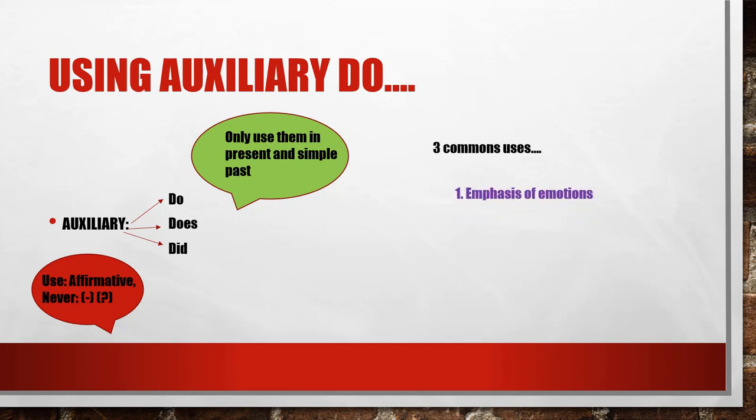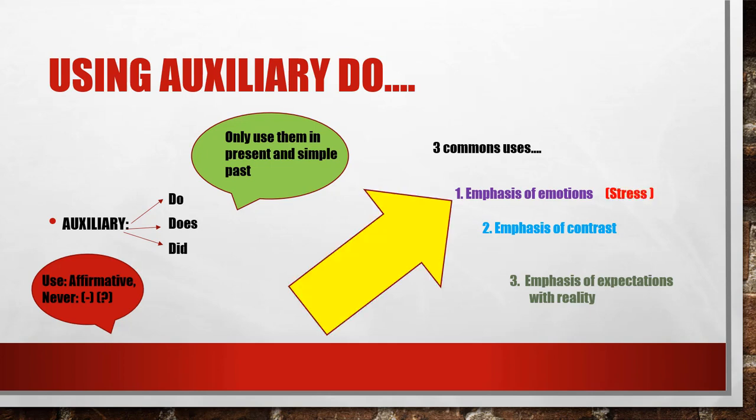The three common uses are emphasis of emotions, emphasis of contrast, and emphasis of expectation with reality. In this case, we are going to use emphasis of emotion because you want to give emphasis to the stress.